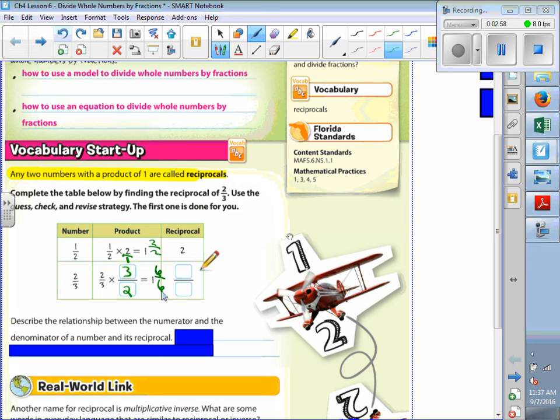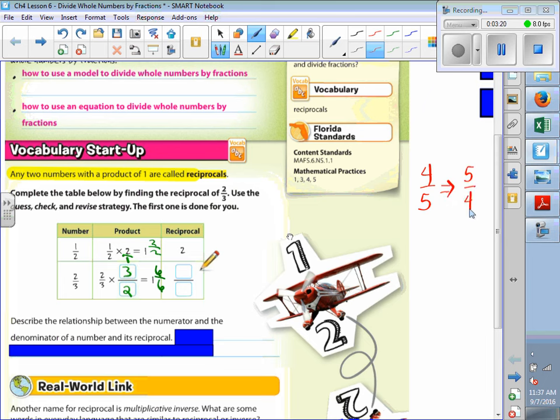So, if I asked you, what is the reciprocal of 4/5? What is it? All you have to do is flip it. 5/4. Very good. The reciprocal is 5/4. Now, I want to point out, you don't change it to a mixed number. You leave it as an improper fraction if it becomes one. Okay?